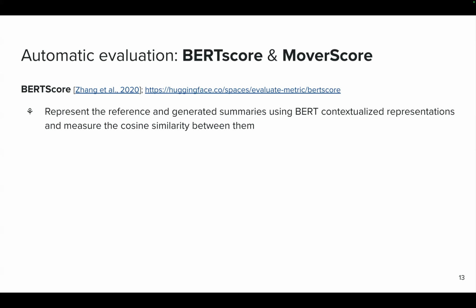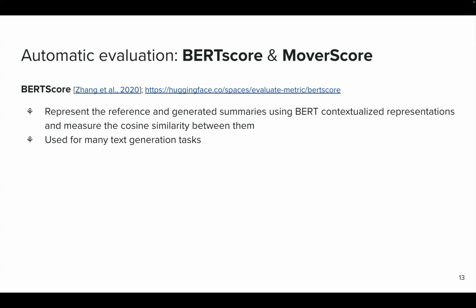Then independently, you put your generated summary through BERT, and again use the CLS token to represent it. Now we have two vectors, and once we have two vectors, we can use the standard measures of similarity, such as cosine similarity.